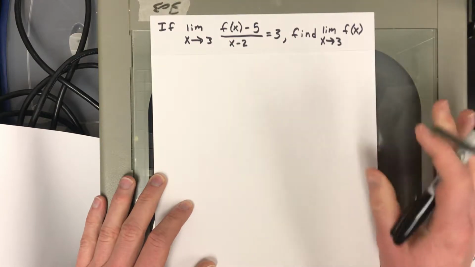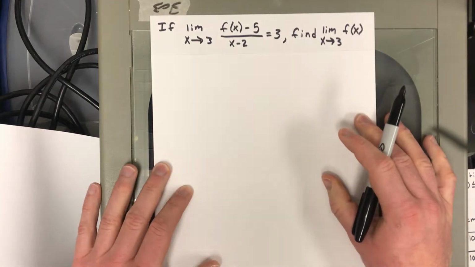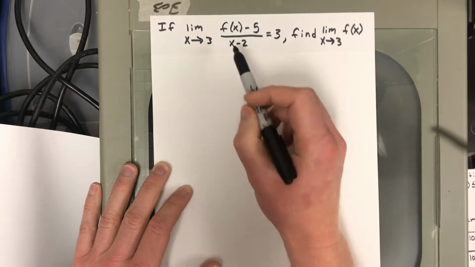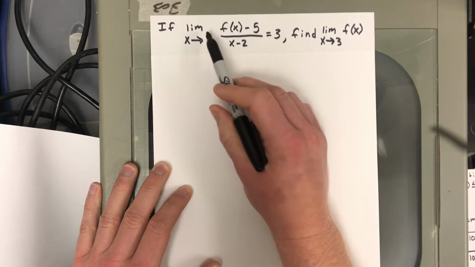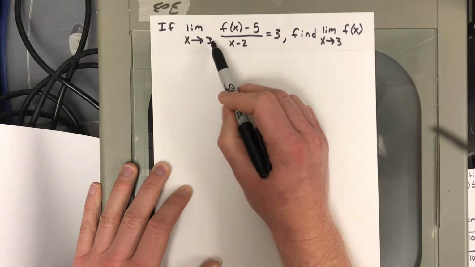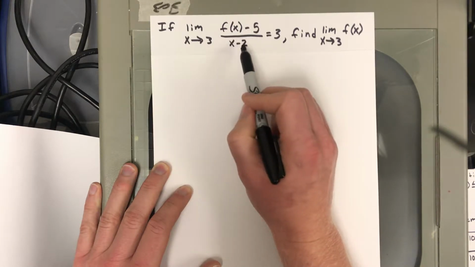We're going to use limit laws here. And the first limit law we're going to use is the quotient limit law. So we have a division. We're going to split this limit as x approaches 3 between the top and the bottom.